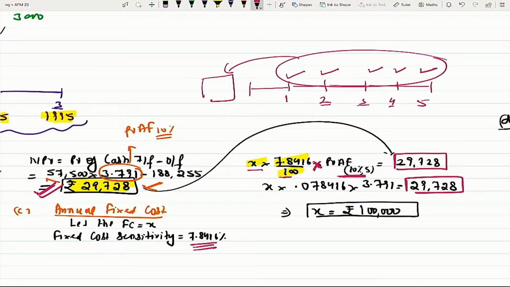Try the fourth and fifth part if you got the hint. Try fourth and fifth part please.